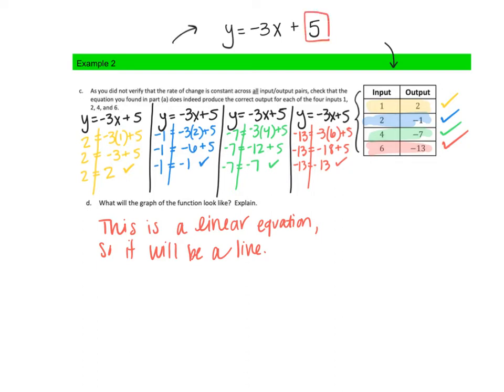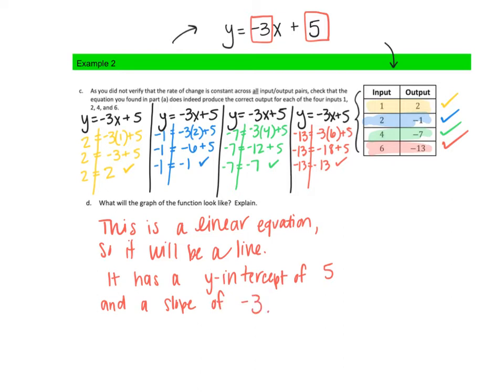It's going to start at 5 on my y-axis. So it has a y-intercept of 5, and it has a slope of negative 3. Okay, so it's going down.